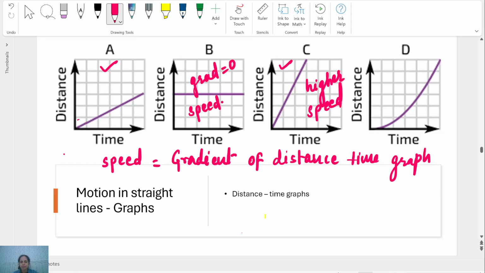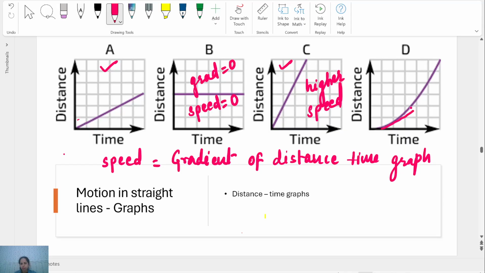Okay, now let's see the D. Now this is a changing gradient graph, but what's happening to the gradient? Is the gradient increasing or is it decreasing? Some of you who already have maths, I think you can figure out what I'm trying to say here.